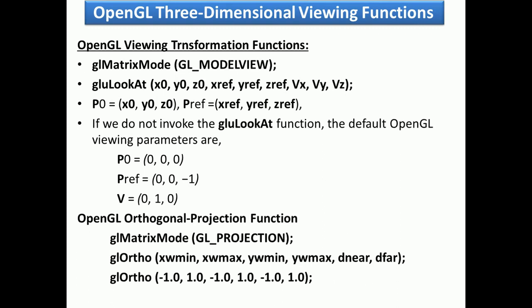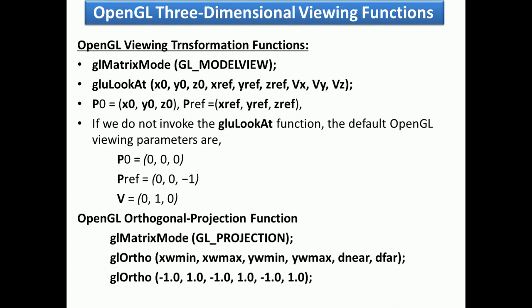So next I will discuss OpenGL three-dimensional viewing functions. These functions are very important. As we know, the OpenGL utility library, that is the GLU library, includes a function for specifying three-dimensional viewing parameters and another function for setting up a symmetric perspective projection transformation.